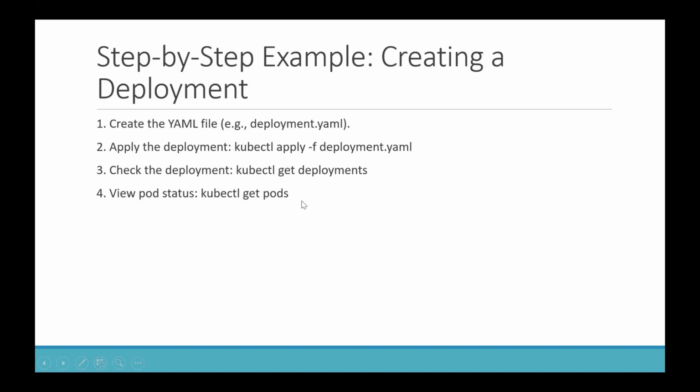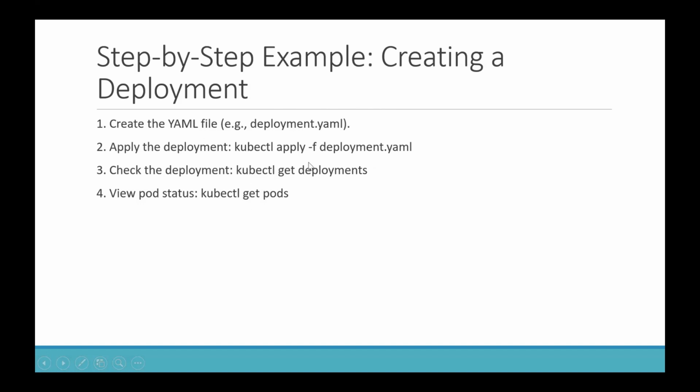After that, if you want to see the replica set as well, you can type kubectl get replicaset. If you type kubectl get pods, all the pods which you have created as part of this deployment will be listed if you just run this command.